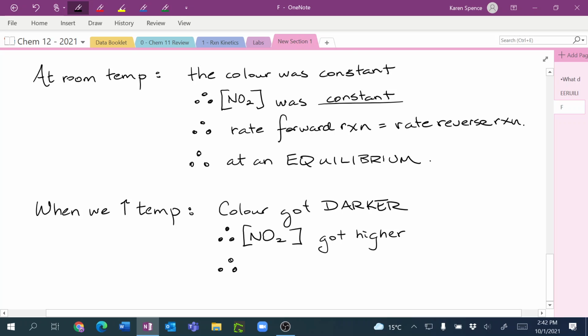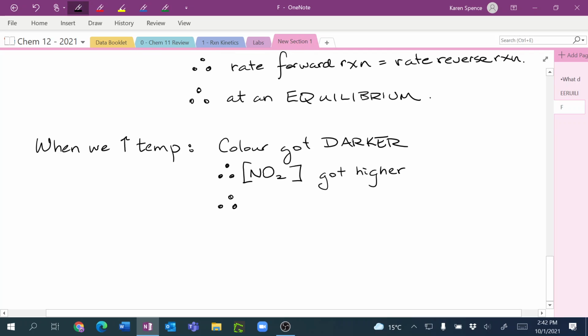And I'm going to rewrite the equation here. I'm not going to draw in the colors because I just don't have time in my life for that anymore. Too many buttons to push.